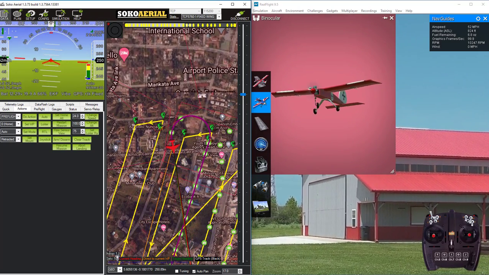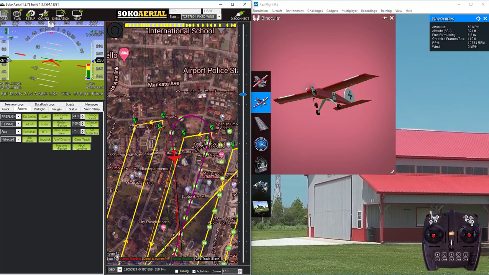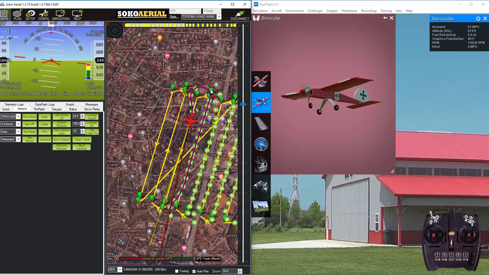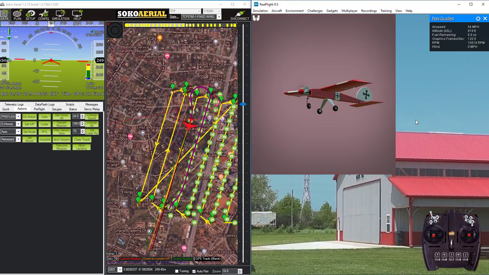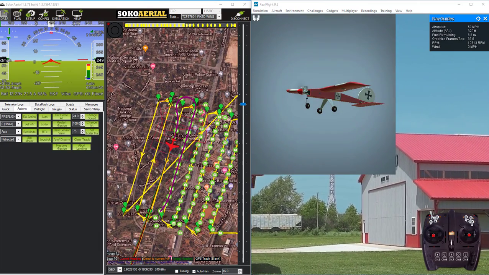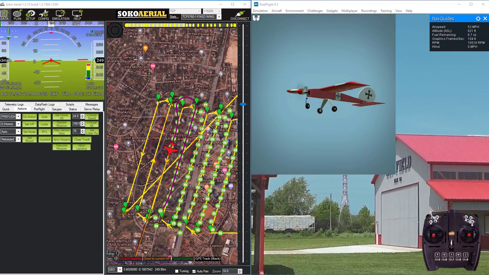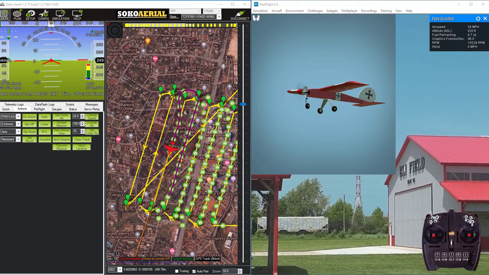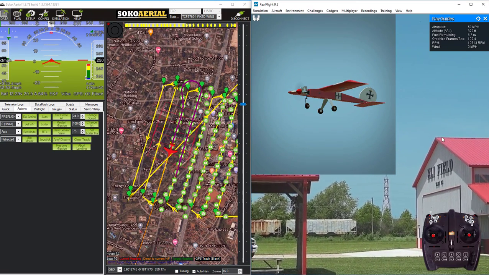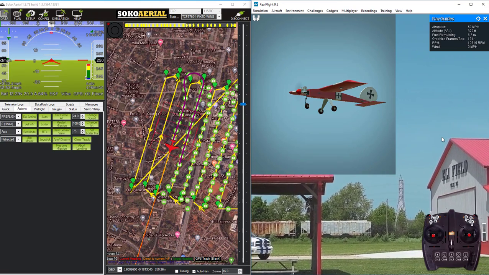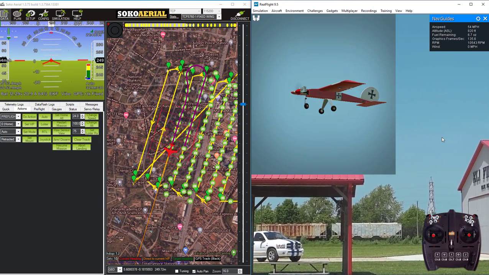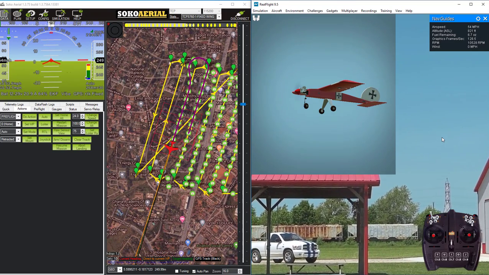So the last two, and then we are done. It's keeping a very decent height, fluctuating between 249 and 250.